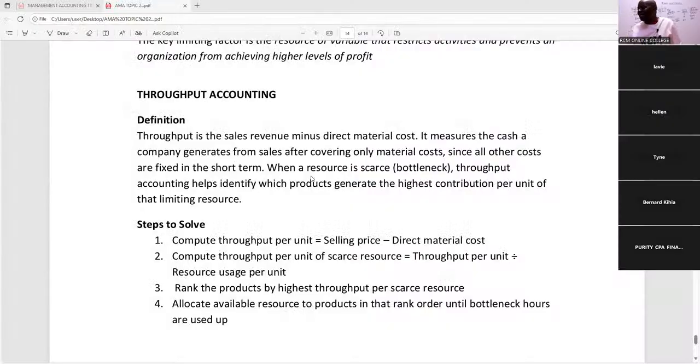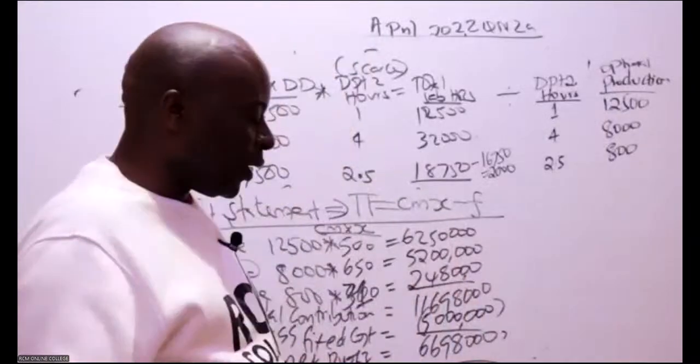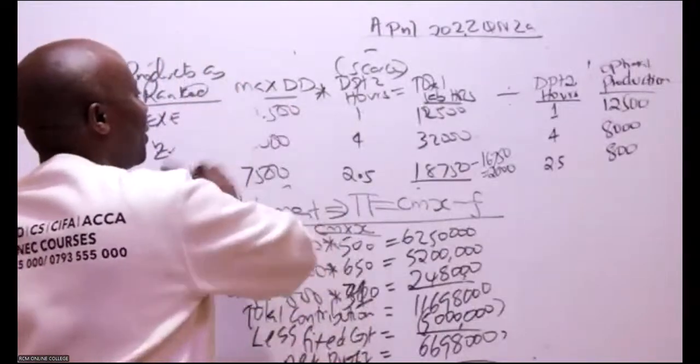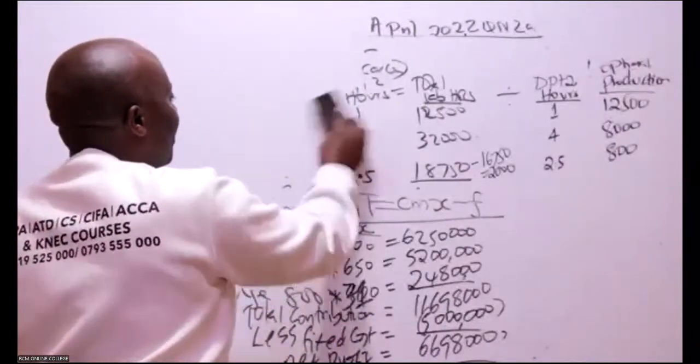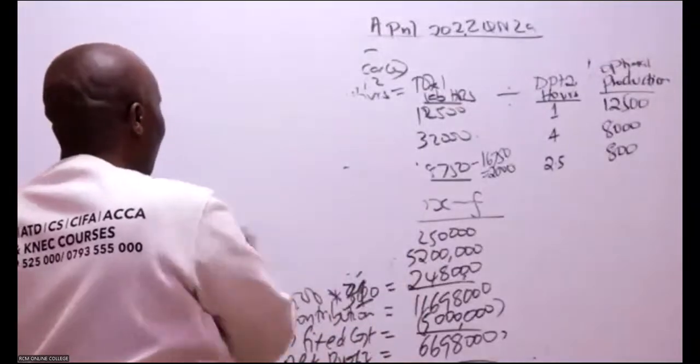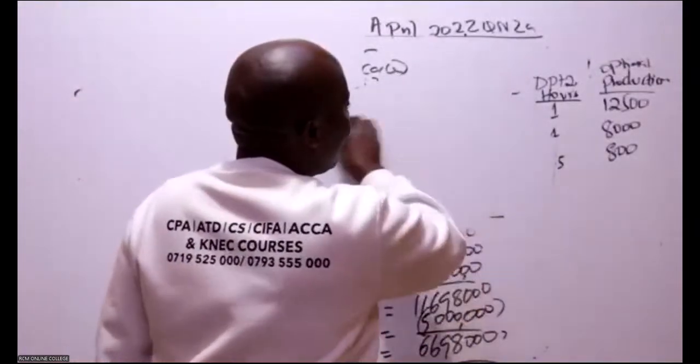It is the easiest thing because at throughput, the only variable cost that we have is material. Let me explain something small before I start reading. We have three types of variable expenses: direct materials, direct labor, and lastly, variable overheads.